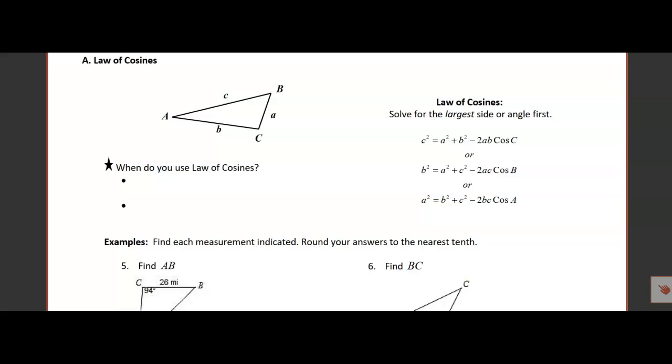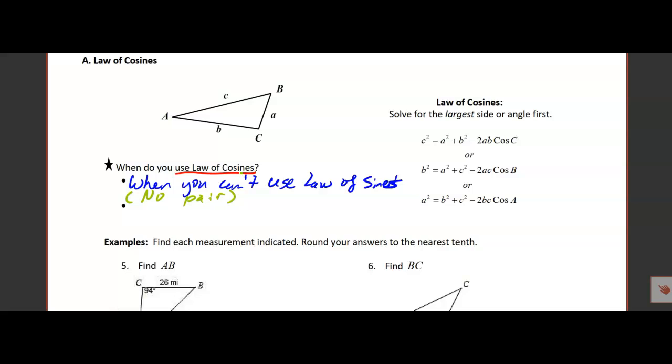When do I use law of cosines? Essentially, when you can't use the law of sines. Pretty much what that means is you have no pair. So there is no pair to build your fractions. So you don't have an angle on the opposite side.